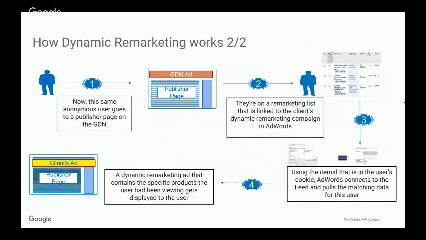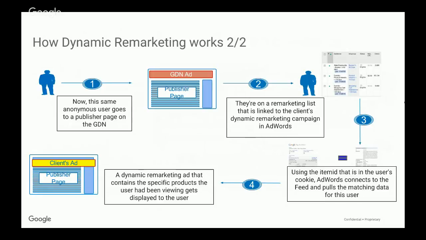Furthermore, the visitor who already visited your web page, where the cookie has been placed, now goes to a different publisher page on the so-called Google Display Network, or as we call it, GDN. They are then on the remarketing list that is linked to the client's, or yours in this case, dynamic remarketing campaign in AdWords.